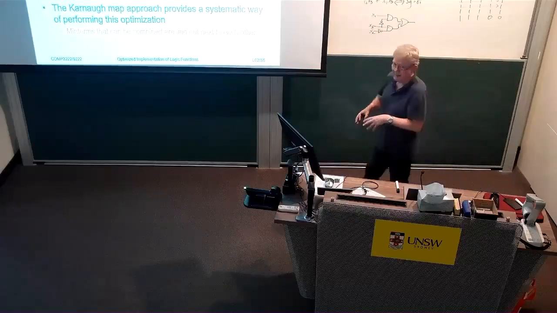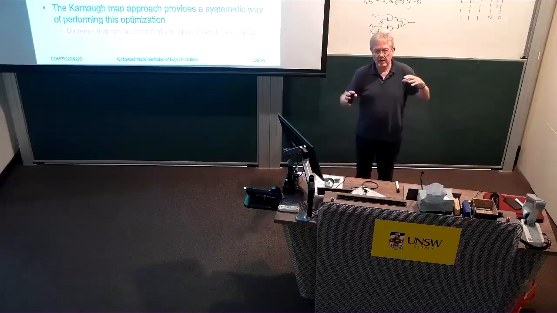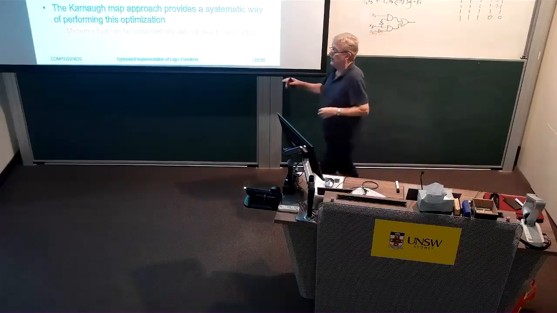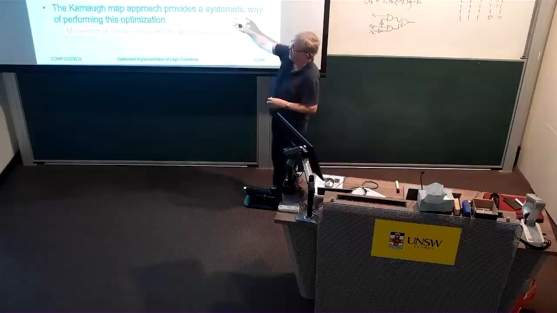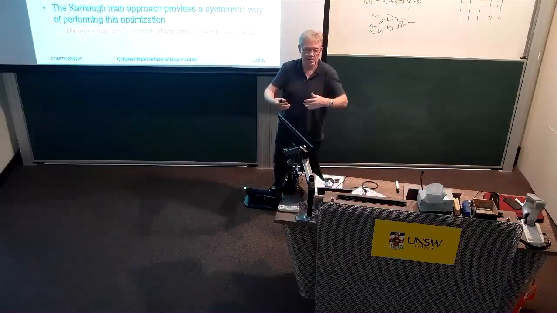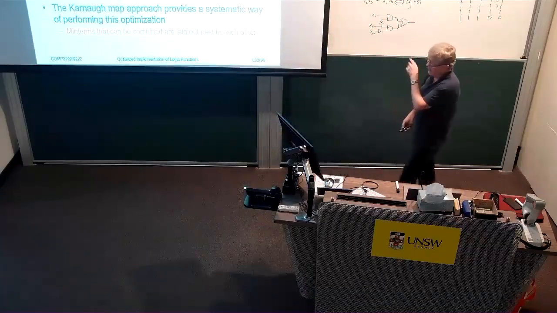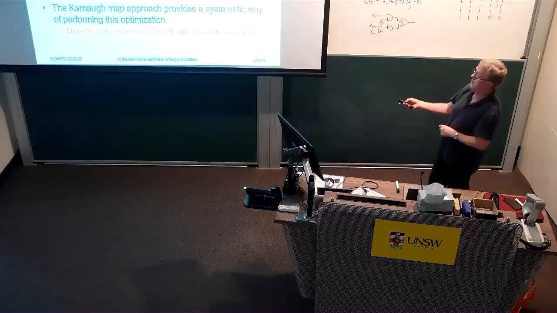A Karnaugh map lays out the minterms or maxterms in a two-dimensional array so that those terms that you can combine are next to each other. And so you can see whether you have either two ones or two zeros in the map that are adjacent and therefore can be combined using the uniting theorem.